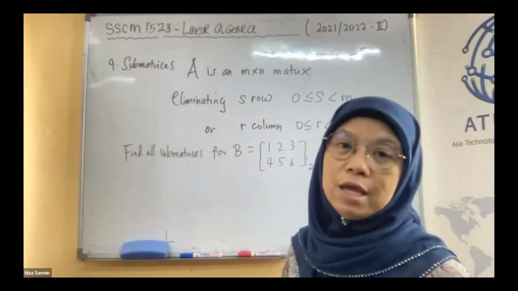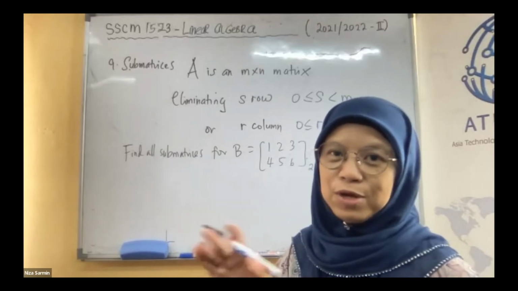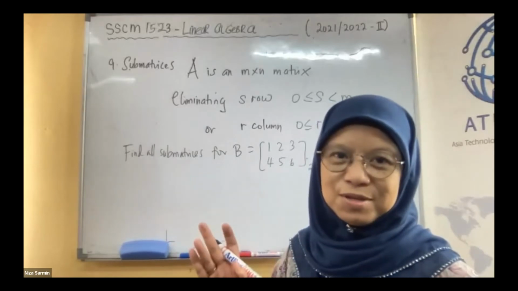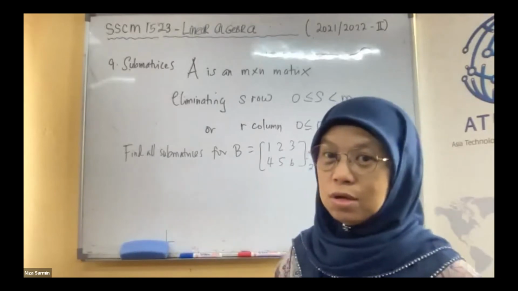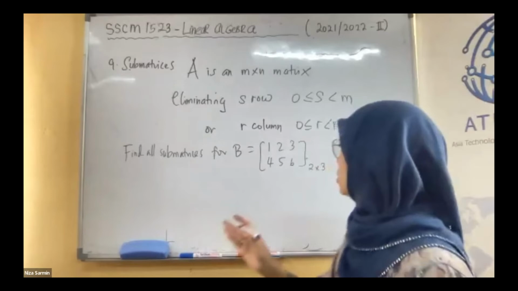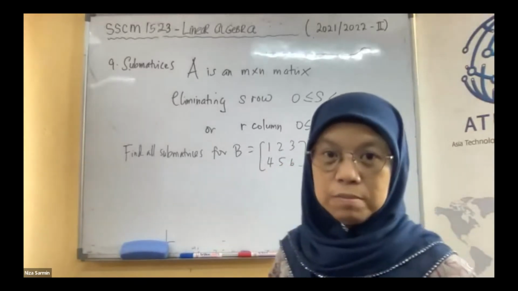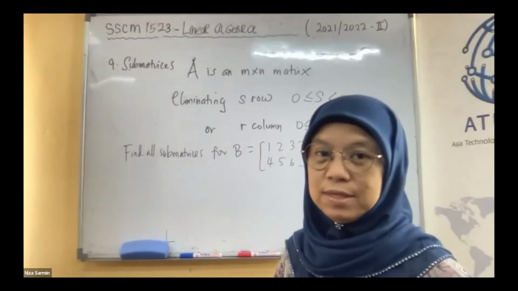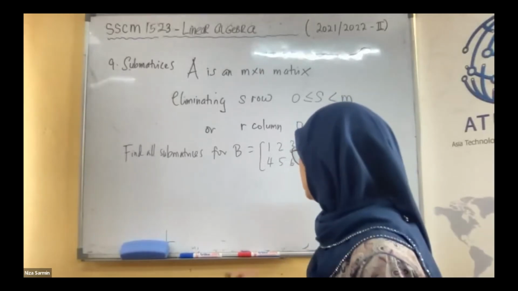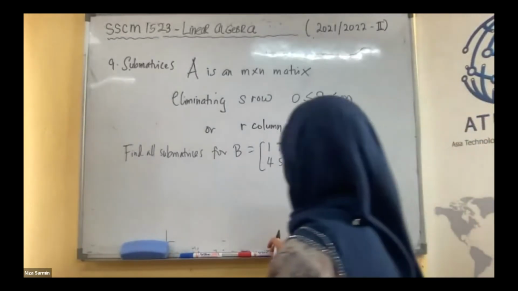You can eliminate one row, right? You cannot eliminate 2 rows, then it's gone. So you can only eliminate 0 row or 1 row. You can eliminate 0 column, 1 column or 2 columns. Okay, let me show by elimination first. So as an example, try to eliminate the first row.